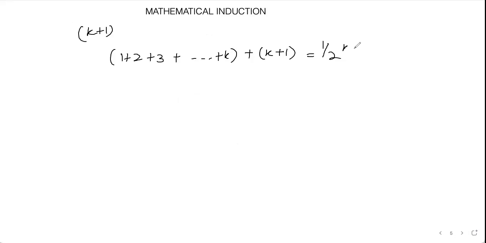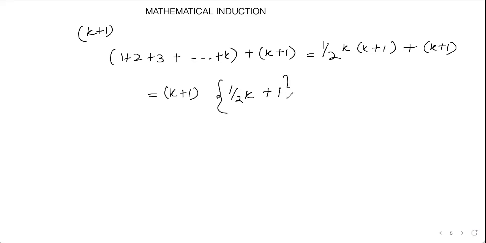Using this we can find, by adding k plus 1 to both sides, 1 plus 2 plus 3 plus up to k plus k plus 1 is equal to half of k into k plus 1 plus k plus 1, which is equal to k plus 1 times 1 by 2 k plus 1, which is equal to half of k plus 1 multiplied by k plus 2.